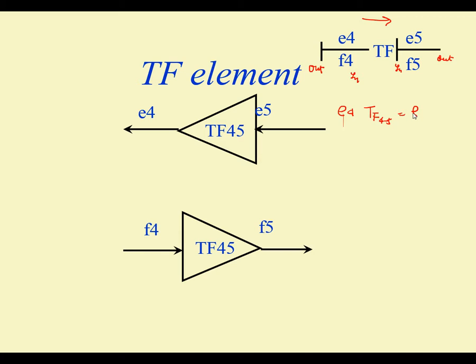No, but you see, this is not the way it's written. We need to do a better job. If this is the output, it follows that E sub 4 has to be the input times something.